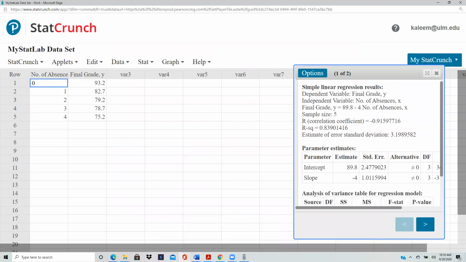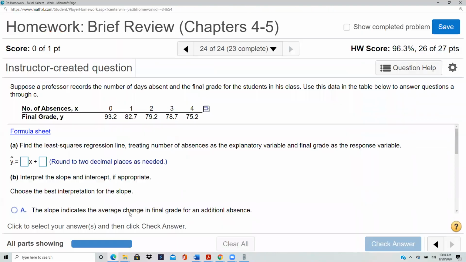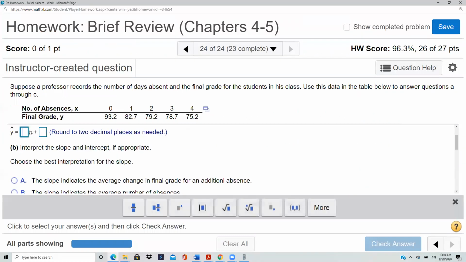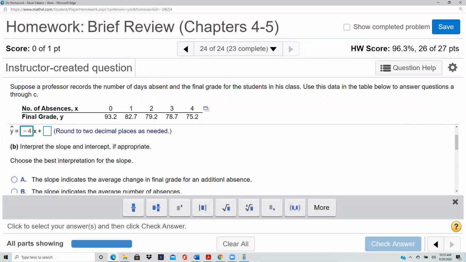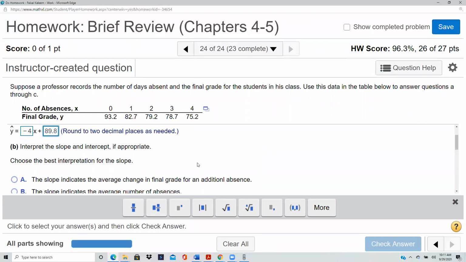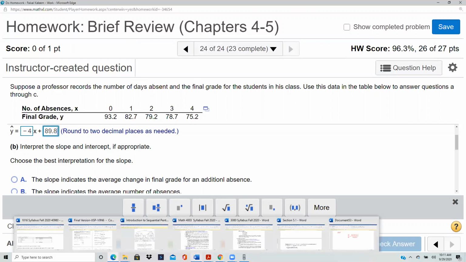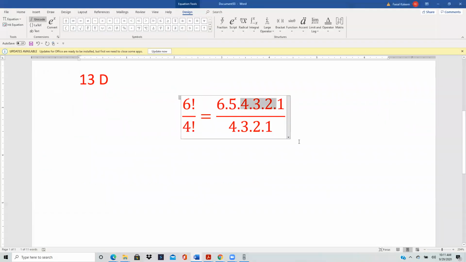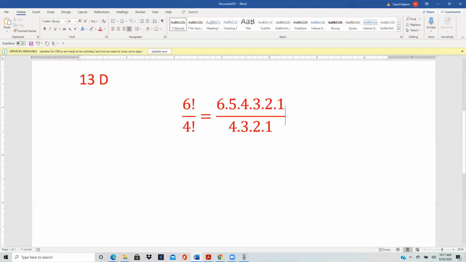That's a pretty simplified equation. I'm used to lots of decimals. Negative 4x plus 89.8. So remember, slope is the change in y for each additional x. You can write it down.